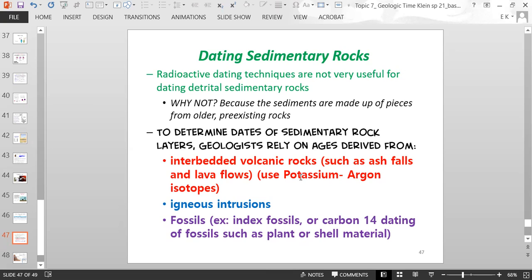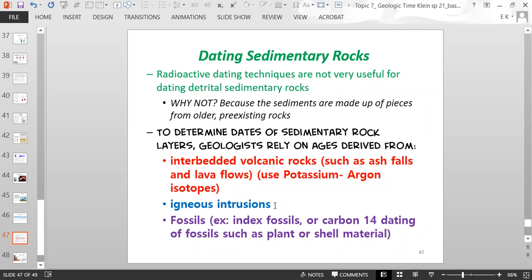But then all you really would be doing would be figuring out this lava flow is, let's say, 1 million years old. So any sediment on top of the lava flow would be younger than 1 million years old, and anything below that volcanic rock layer would be older than 1 million years. So that's all you really could do, but it gives you an idea of age.